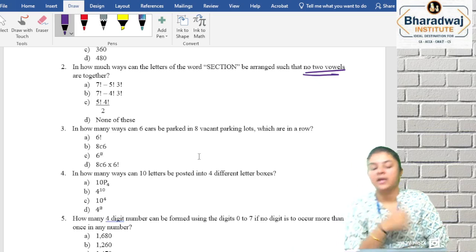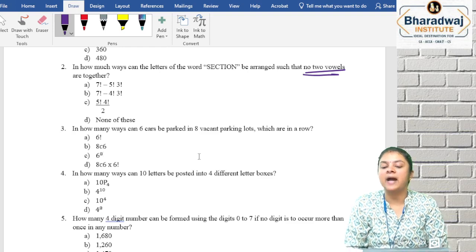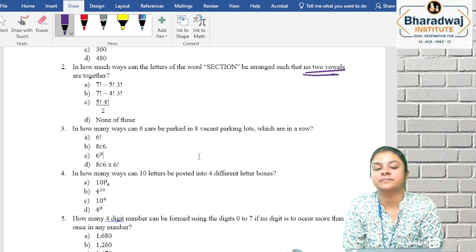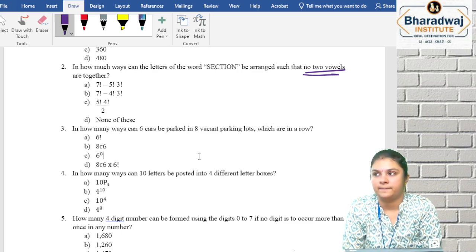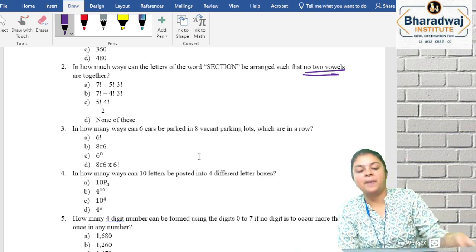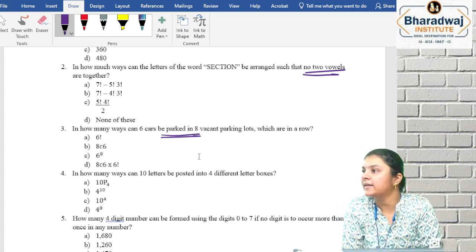Next, in how many ways can 6 cars be parked in 8 vacant parking lots? Parked is also equivalent to arrangement, correct?